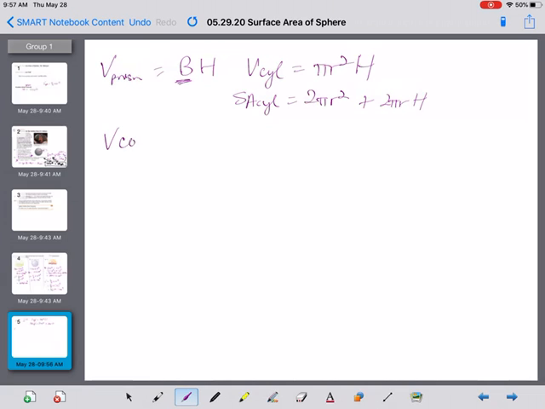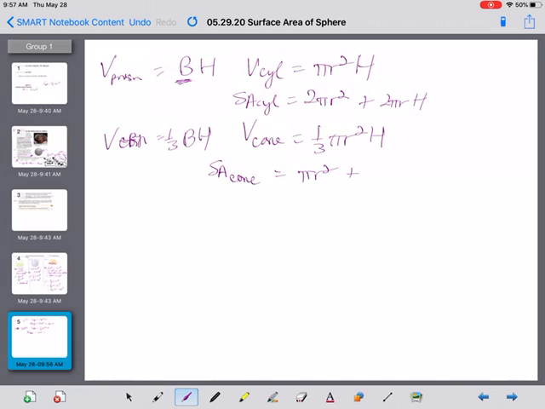For a cone, well, let's say a pyramid is 1/3 capital B, capital H, but a cone has a circle base, so it's 1/3 pi r squared H. Surface area of a cone: the base is a circle.